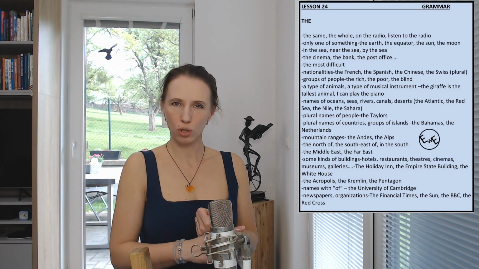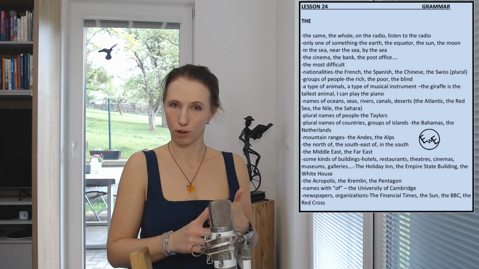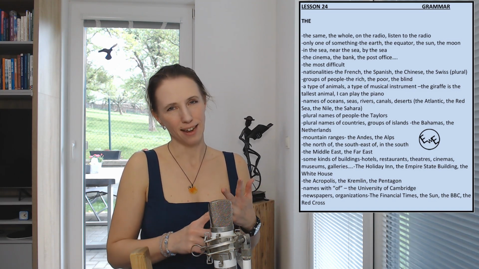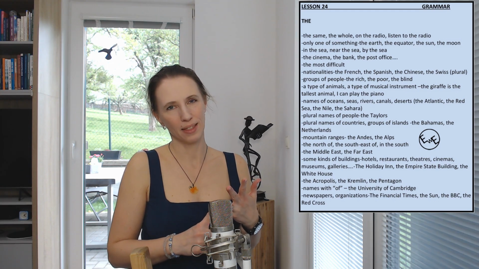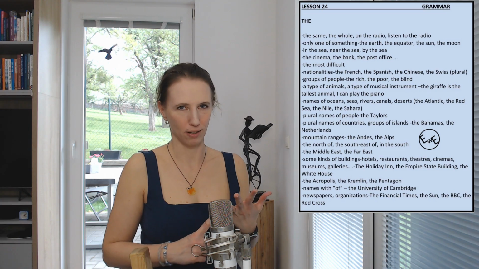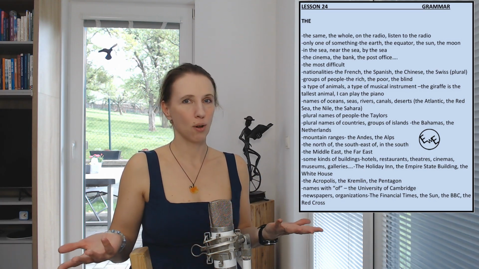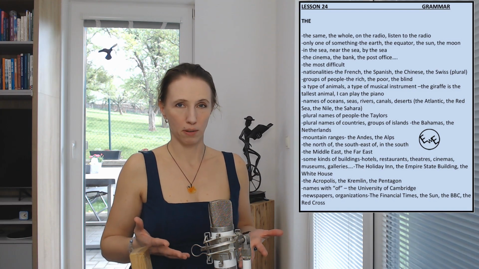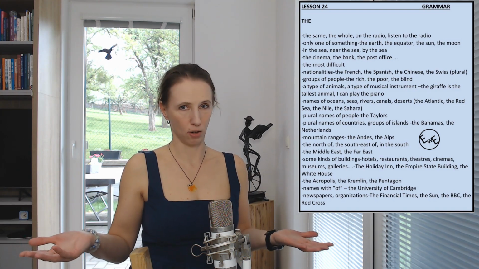Names of oceans, rivers, seas, canals, and deserts are with definite article. The Atlantic Ocean. Plural names of people, the Taylors is the whole family.